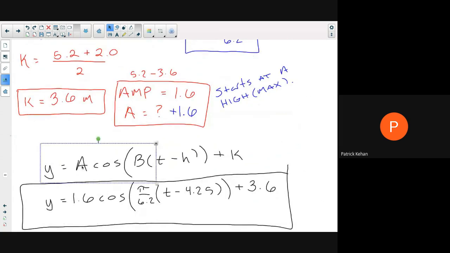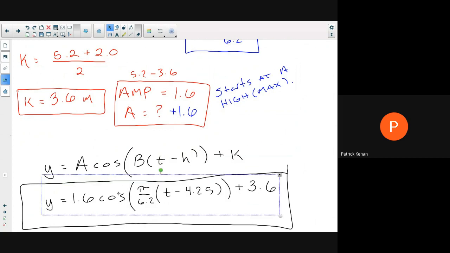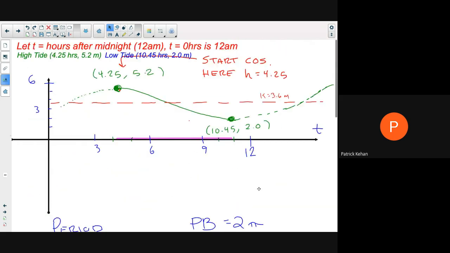Remember, it's A times cosine of angular frequency, which is B, times a quantity, T minus H, T for time in hours, close your groups, plus K. So 1.6 times cosine of pi over 6.2 times T minus 4.25, close my groups, plus 3.6. So this is the function that models this scenario here where the tides are.